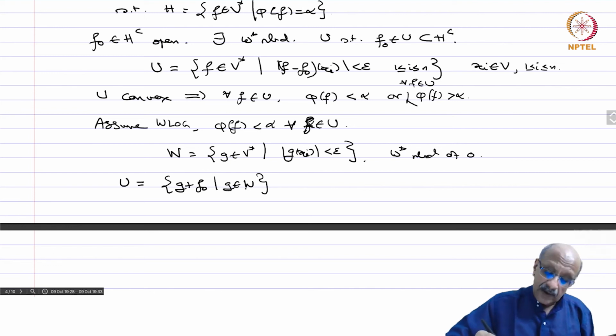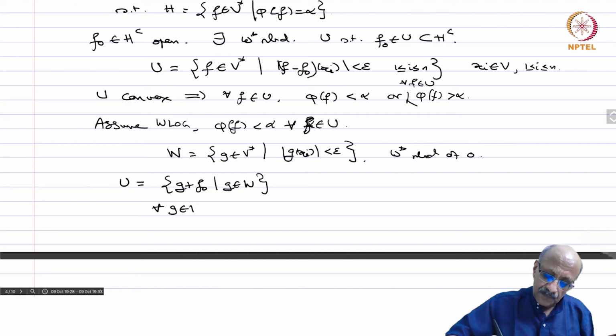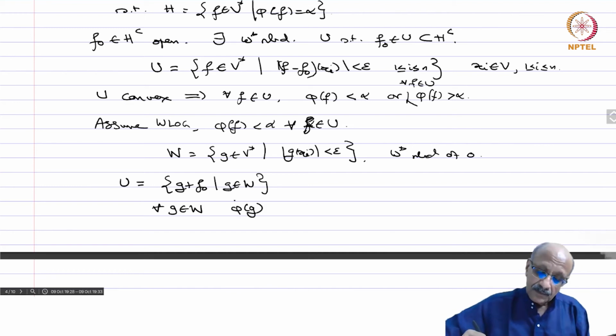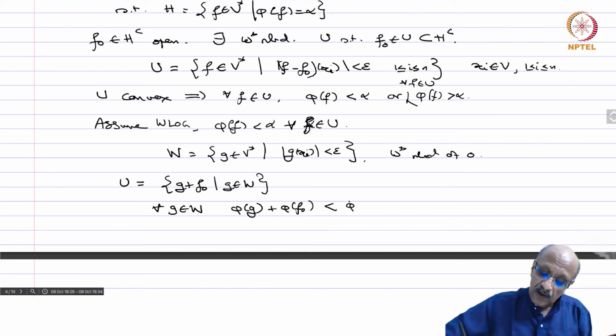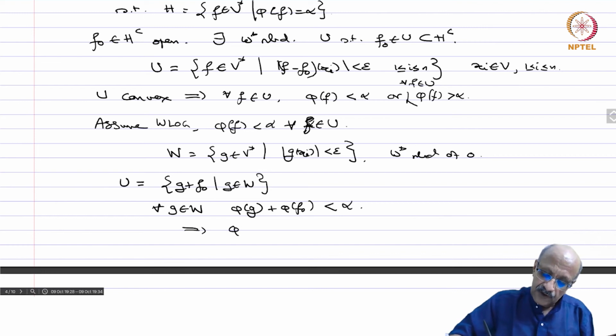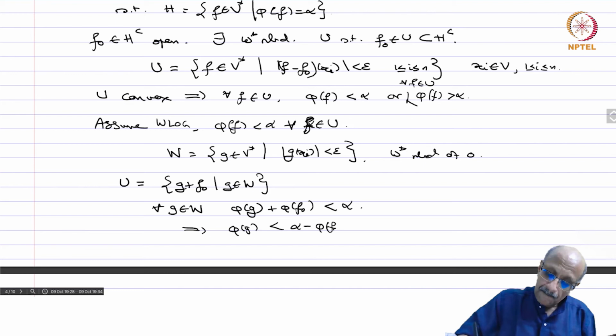So you get therefore that for every g in W you have phi of g plus phi of f naught, since g plus f naught is in U, that is less than alpha. Therefore phi of g is less than alpha minus phi of f naught.